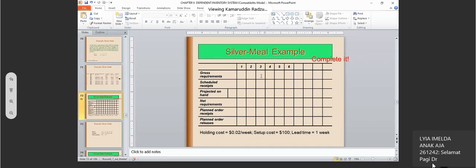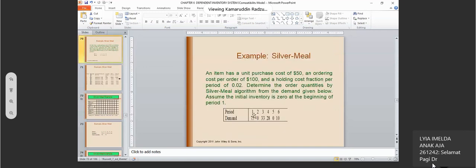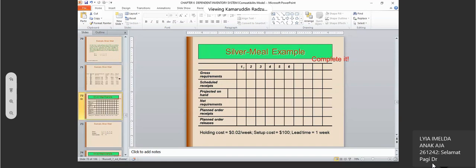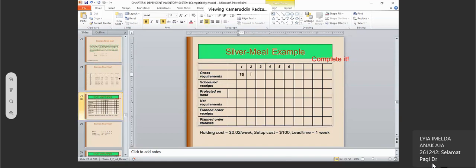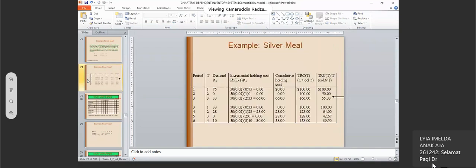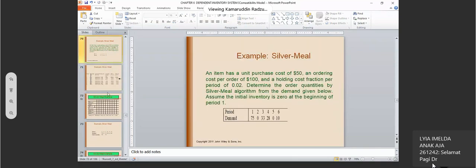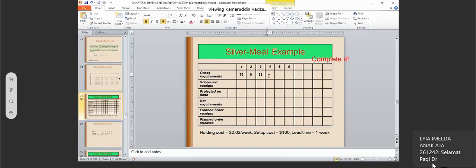Okay, so we have an MRP table here. We need to fill in the information about the gross requirement that we have in this slide: 75, 0, 33, 28, 0, and 10.